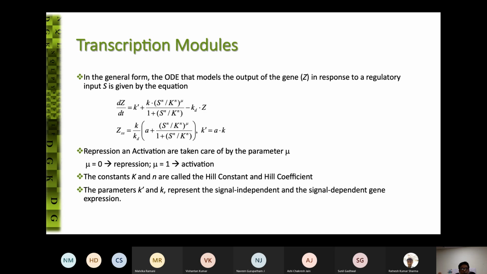So that can happen in one way, or it depends on the total number of subunits that are formed together that are actually activating the initiation of this Z from some signal S.